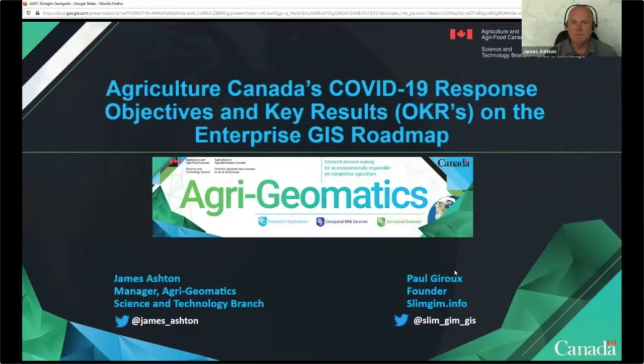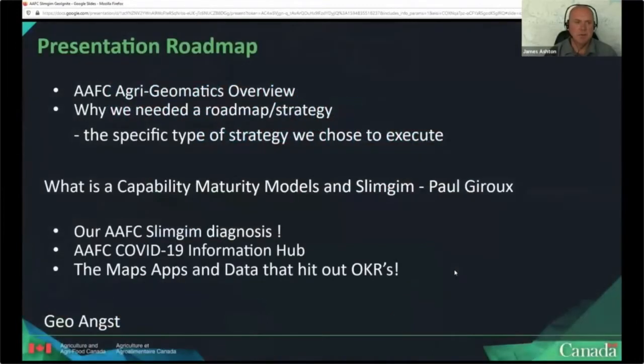Great. So let's get started. Bit of a presentation roadmap or overview. I'll give you a quick overview of Agri-Geomatics and our team and what we do. And I'm going to talk a little bit about why we needed a roadmap and a strategy. And also talk about how there are different types of strategies and why we choose to execute the one we did.